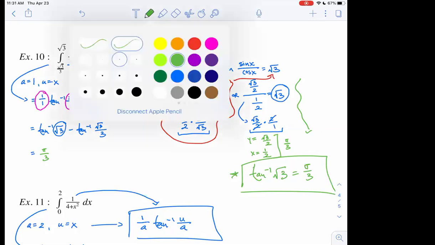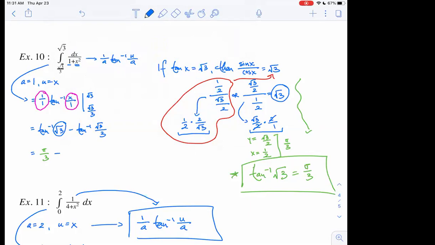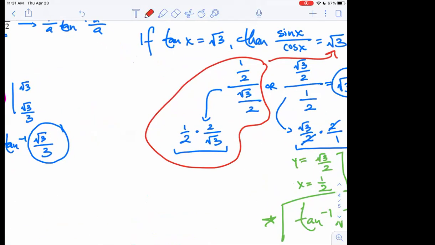Okay, so let's take a look at this second part. Now I need to find a place where I do y divided by x, and I get root 3 over 3. So let's take a look at the thing I circled in the red. I said that wasn't right because it didn't give us root 3, but let's see what happens when I simplify. These 2's are going to cancel, so I'll end up with 1 over root 3.